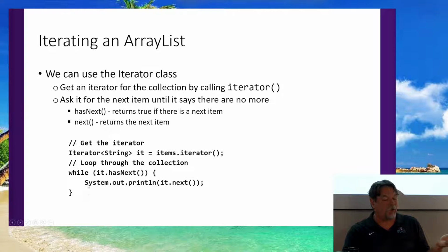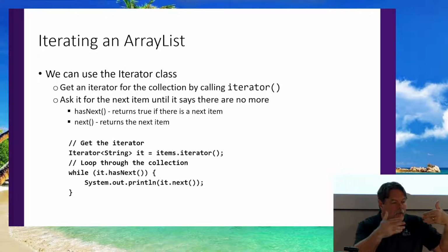So this is how you would loop through all the elements of an array list of strings, is you would say, does it have any elements? Is there a has next? If it returns true, then you can say .next, get the next one in the list. And in this case, remember how we were talking about it with an array, there's no way to know how to append because where's the next place?